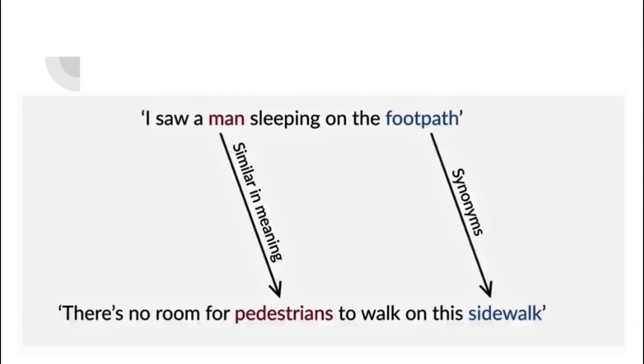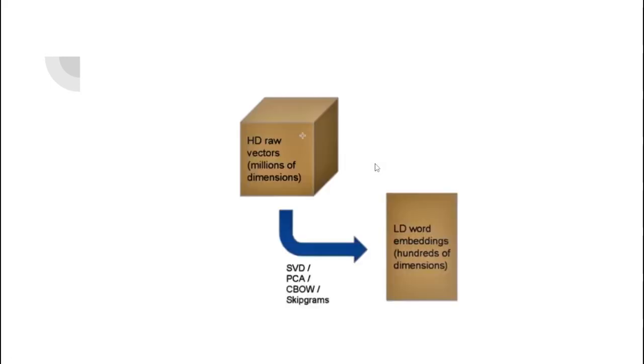These kinds of semantic associations will be tracked if we reduce the dimensions of the input matrix. Suppose we convert our raw occurrence or co-occurrence matrices, which have millions of dimensions, by applying techniques like SVD, CBOW or skip-gram, into lower-dimension word embeddings with hundreds of dimensions.